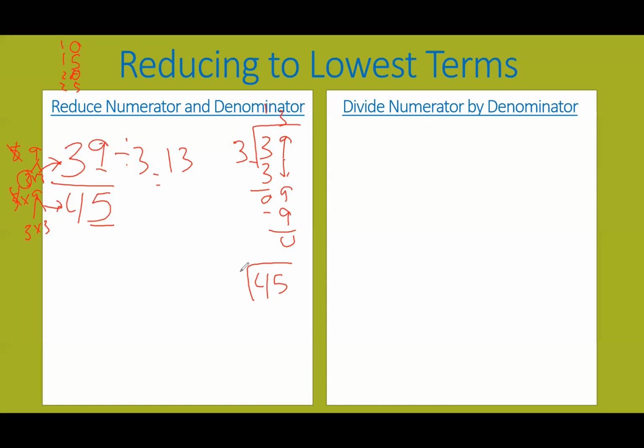Yes, if I can divide it by 9, then I can divide it by 3. 3 times 1 is 3, and I have 15. 3 times 5 is 15. So my answer is 13/15.